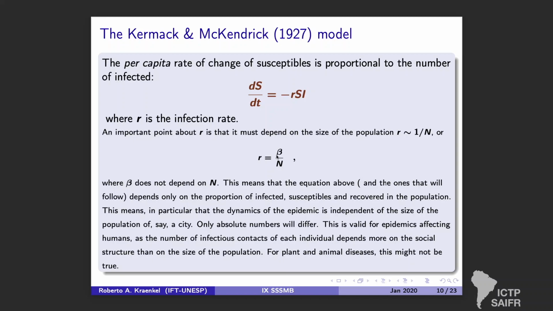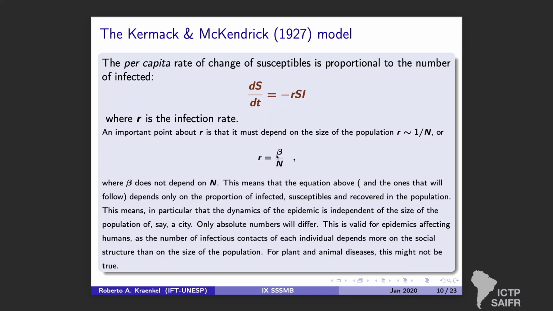There could be minor effects, like public transportation could increase the number, but usually these effects are small. So this introduction of r equal to beta over n, so we have the dependence on n in the equation, is connected to the structure of human society.